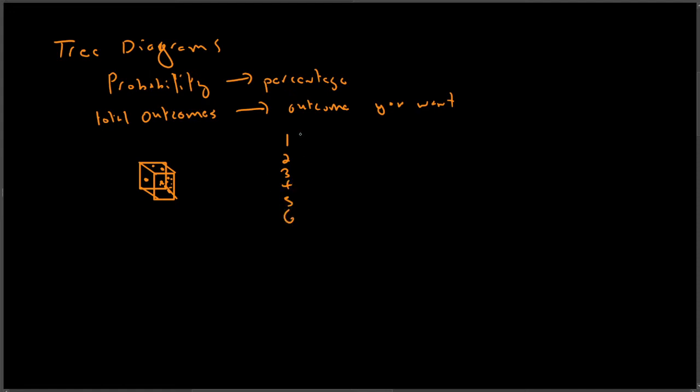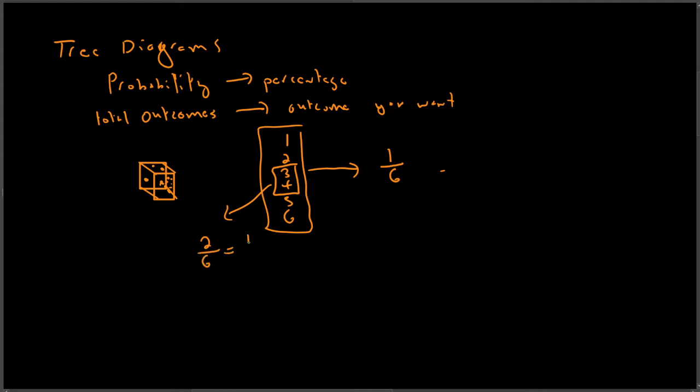Those are my total number of outcomes. There's a total of 6. Well, if I want to roll a 3, there's a 1 in 6 chance of getting a 3. If I want to roll a 3 or a 4, well, there are 2. So that's 2 in 6, or a 1/3 chance of rolling a 3 or a 4.